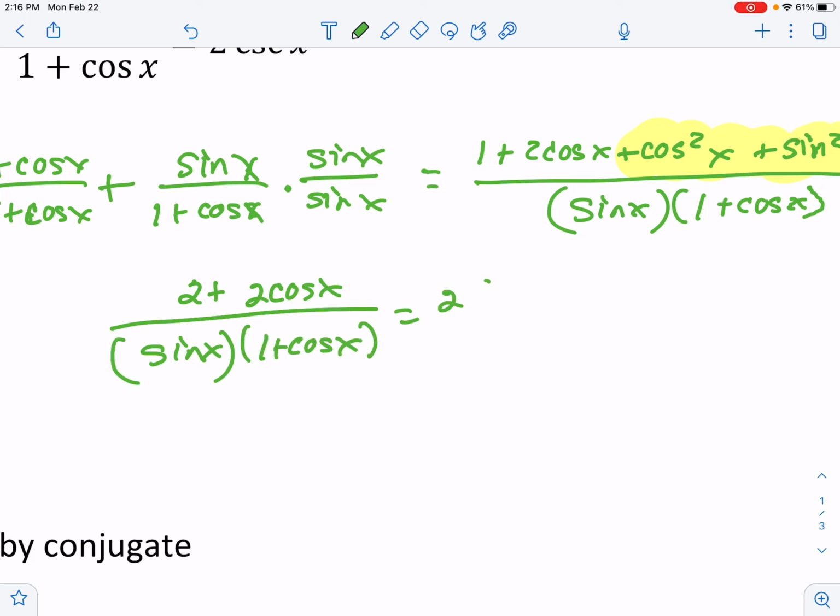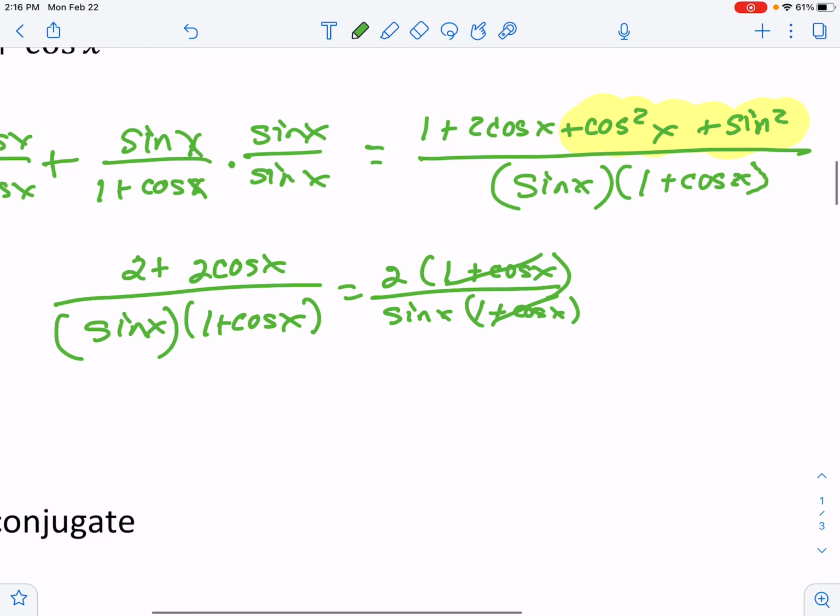Factor out the 2, and you get 1 plus the cosine x over sine x, 1 plus the cosine of x. These guys cross out, and you end up with 2 over sine of x, which is equal to 2 cosecant x, which is what this is. Done. Good.